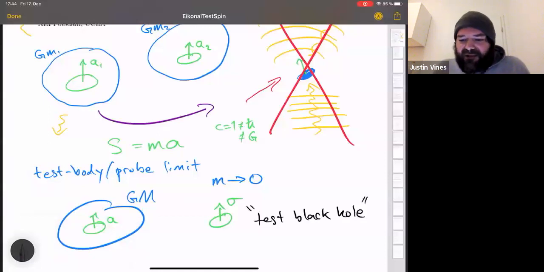Of course, it's not really a black hole anymore. It's a naked ring singularity if I took its mass to be smaller than its ring radius, but that is a very interesting limit. That's another point I want to stress.